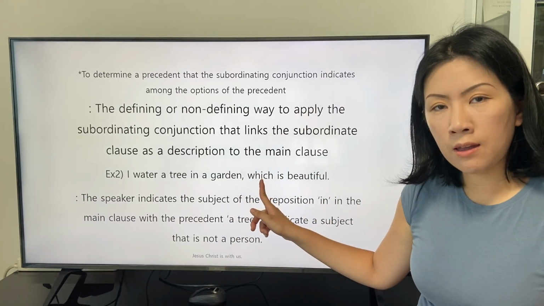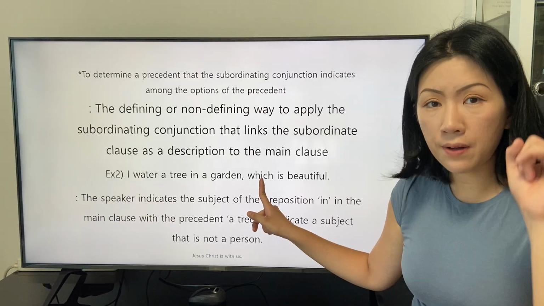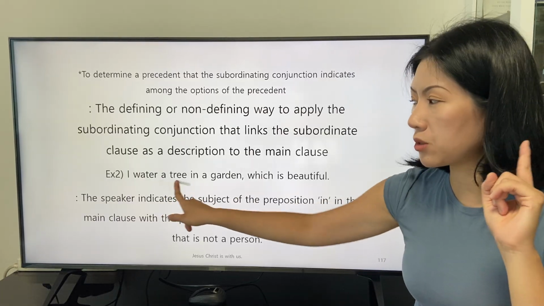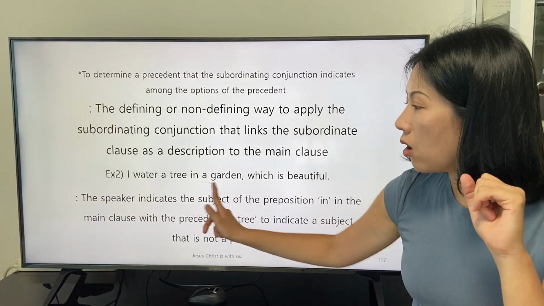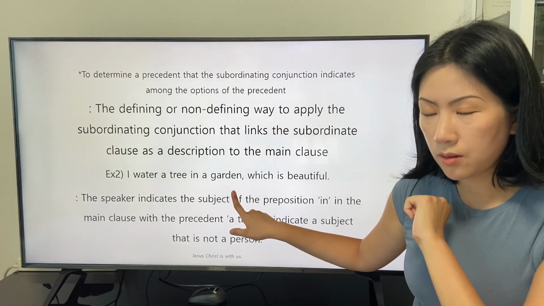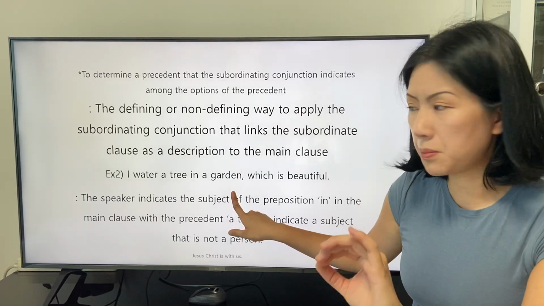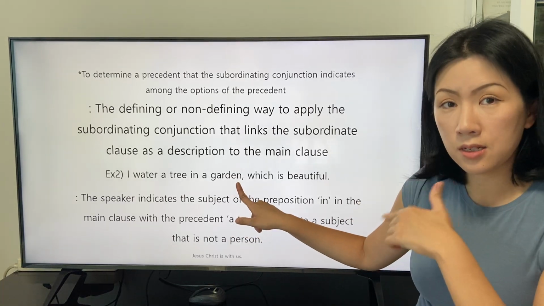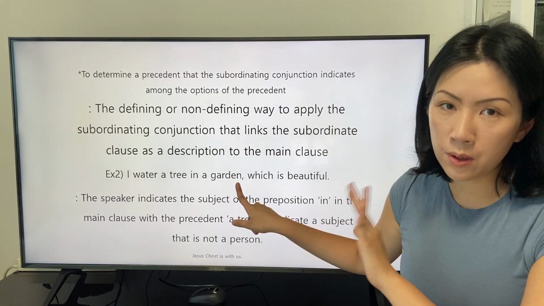So we can find the precedent as a tree because a garden is excluded because this is stated in the non-defining way.